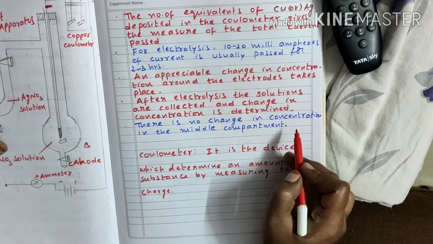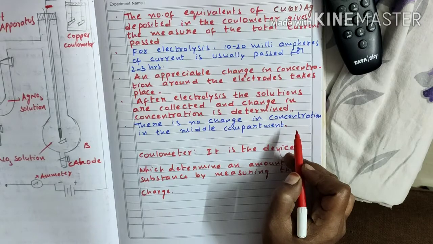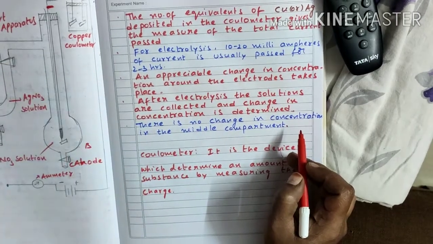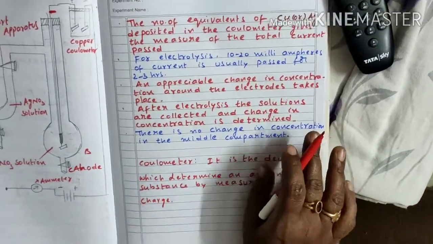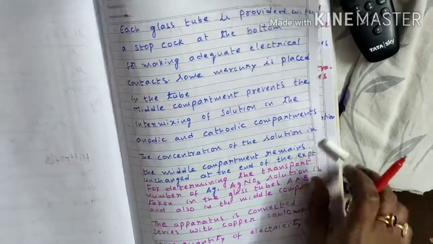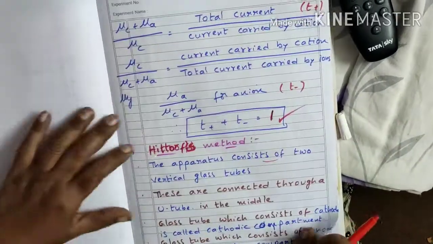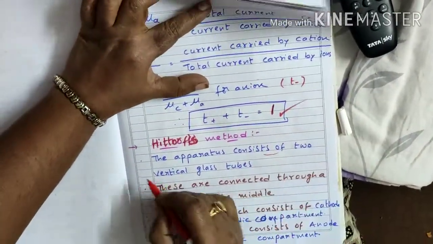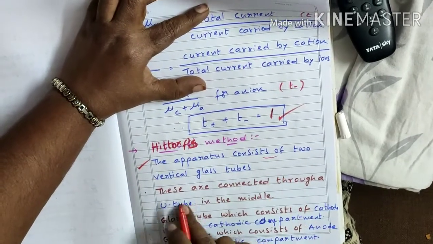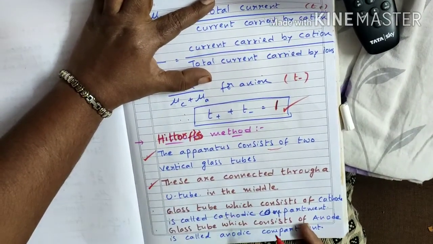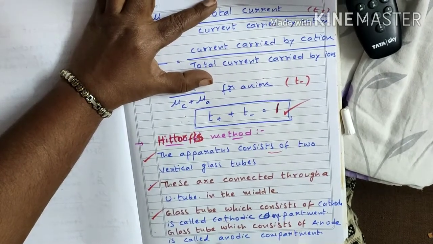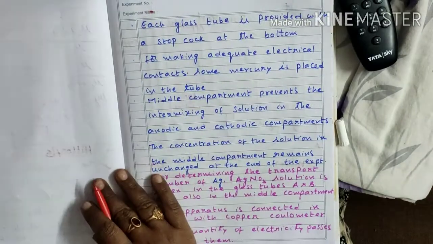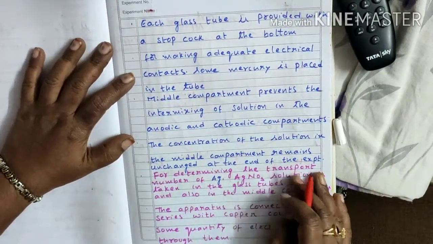As we explained before, I have written it point-wise. If you are perfect in the topic, write all the points. If you are not able to remember all the points, at least remember these important ones. The apparatus consists of two vertical glass tubes connected through a U tube in the middle. The glass tube which contains the cathode is the cathodic compartment, and the other is the anodic compartment.